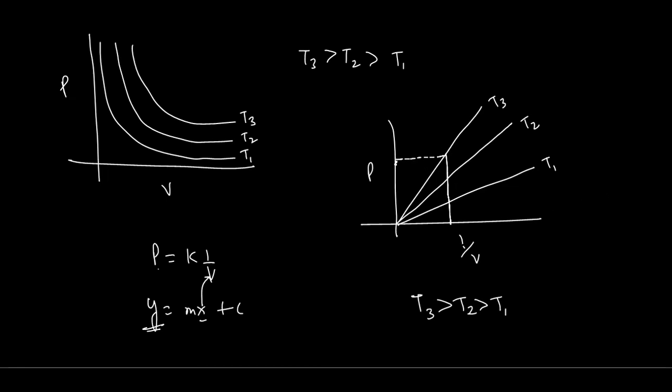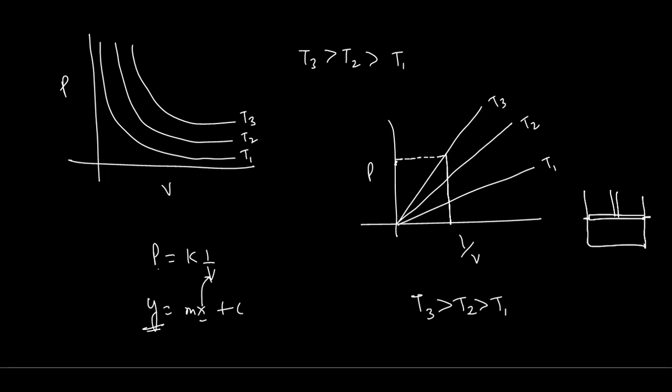If we fix the volume, it means the volume is not changing. Just consider this container having a fixed piston that is not movable; it cannot come down or move up. We have welded it, so it cannot move up and down.